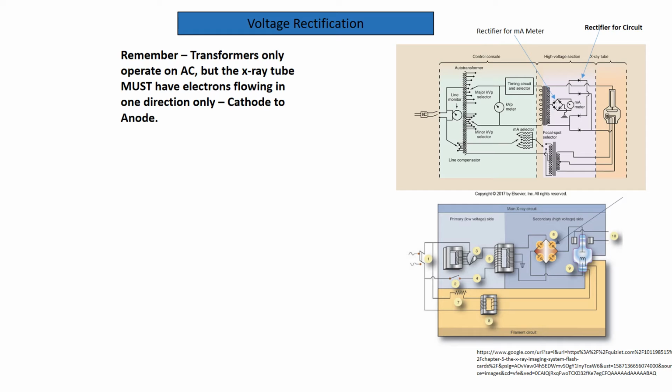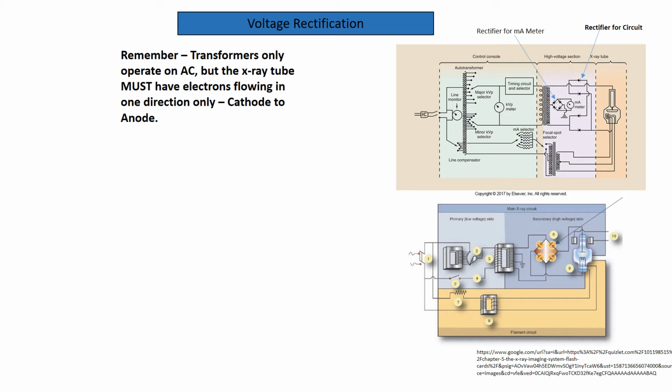So once again, the drawings may be a little bit different here on the registry, but the location will always be the same. The rectifier will always be between the step-up transformer and the X-ray tube.